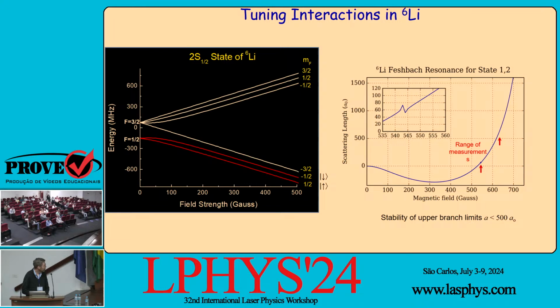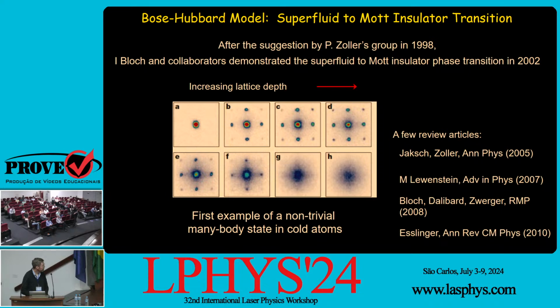And you can see that the measure of interaction strength, which is given by the S-wave scattering length, goes in this geometry from 1500 Bohr radii to 0 and even negative. And so down in this range, the gas is attractively interacting, whereas over here, where S is positive, the gas is repulsively interacting.